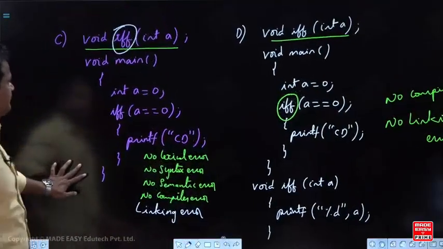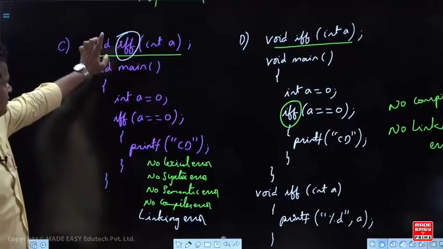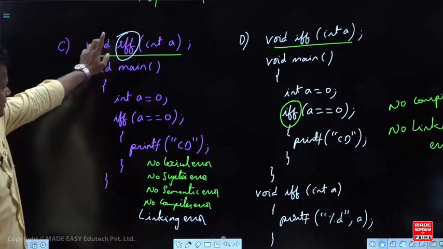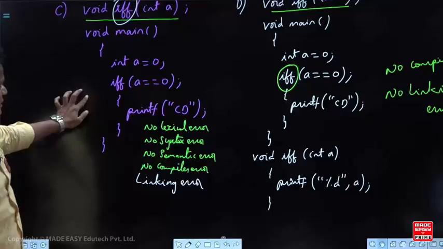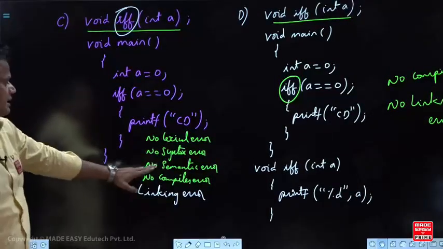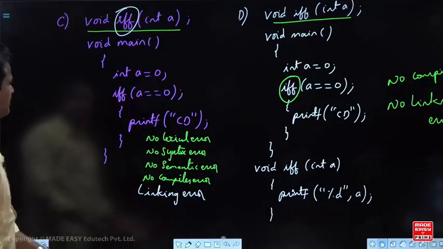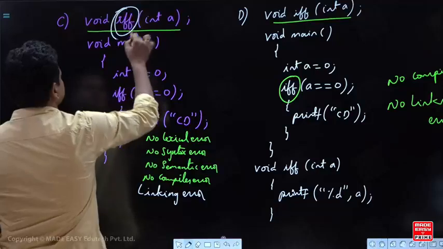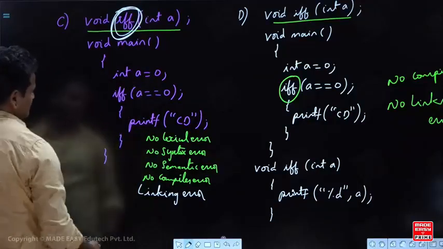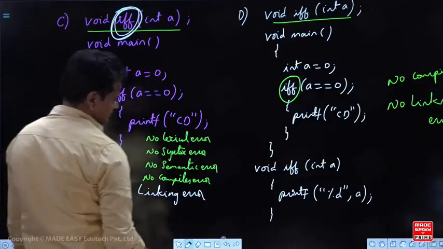If you see this one, we have declared but not defined. Whenever you declare with no semantic error and no compile error, at the time of linking it will search for the definition of this function. The definition is not available, so it is a linking error.